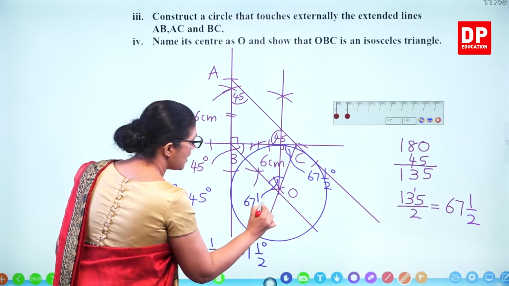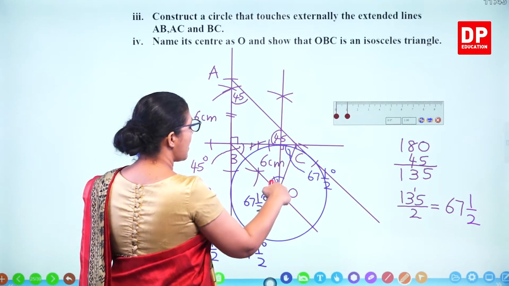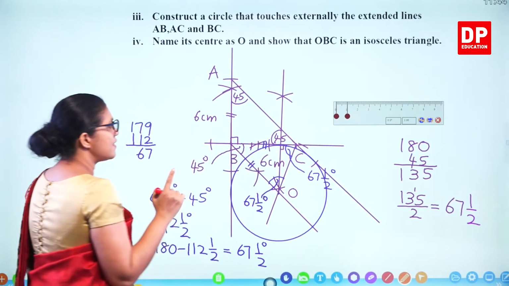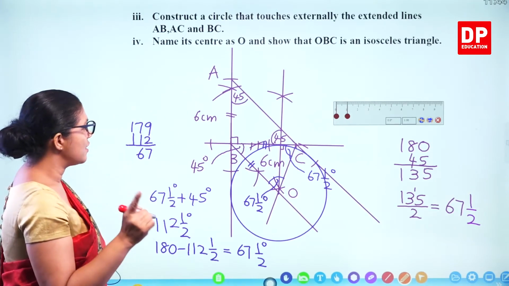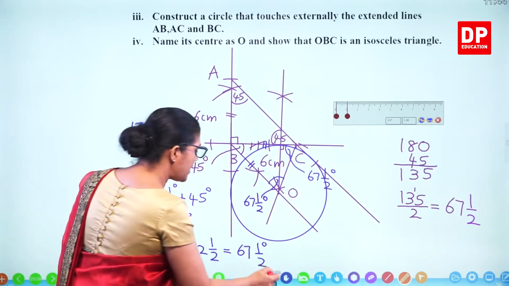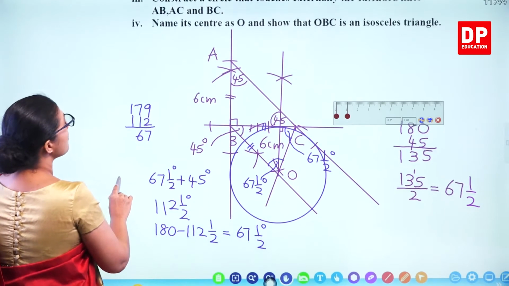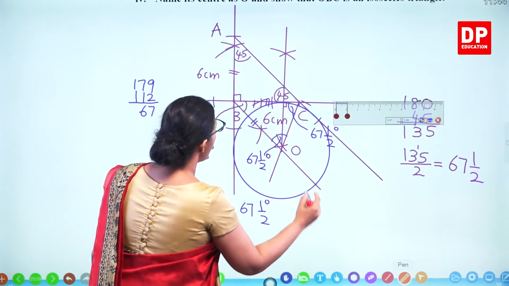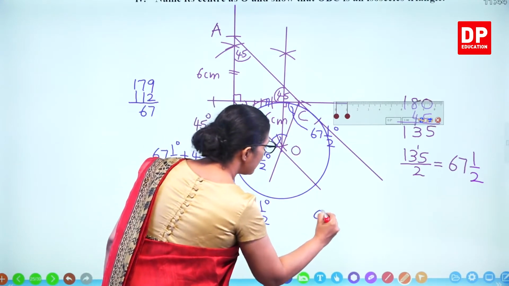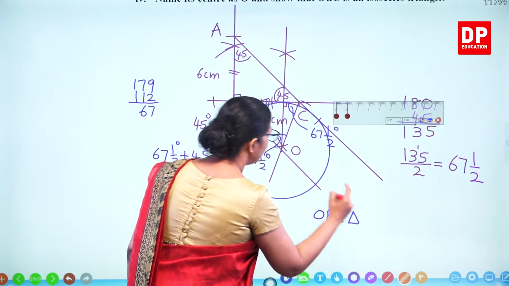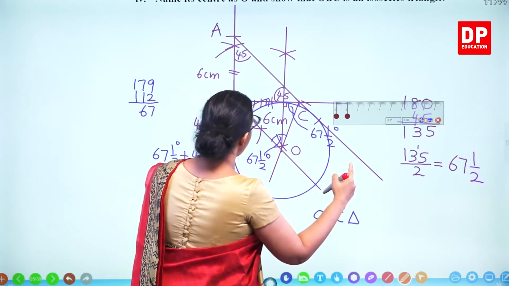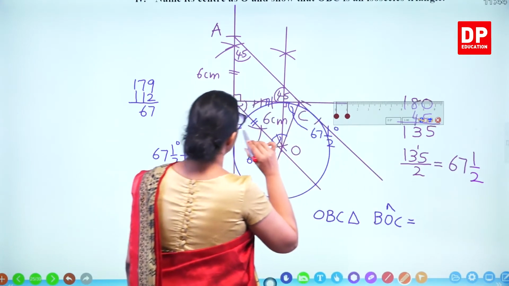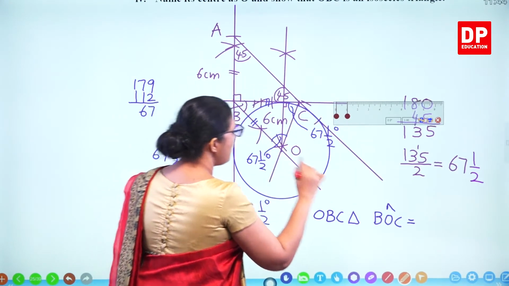Now can you see? These two angles are equal. So that means this length is equal to this length. So that's an isosceles triangle. So we can write OBC triangle, BOC angle and OCB angle.